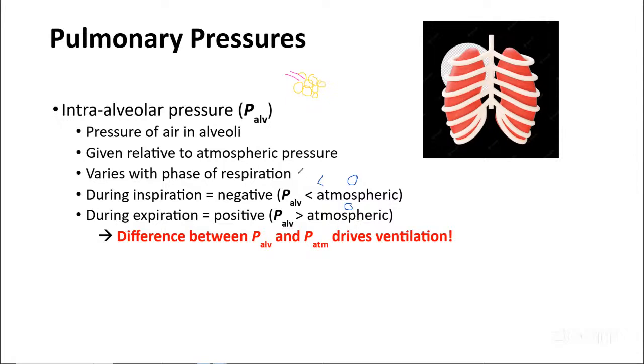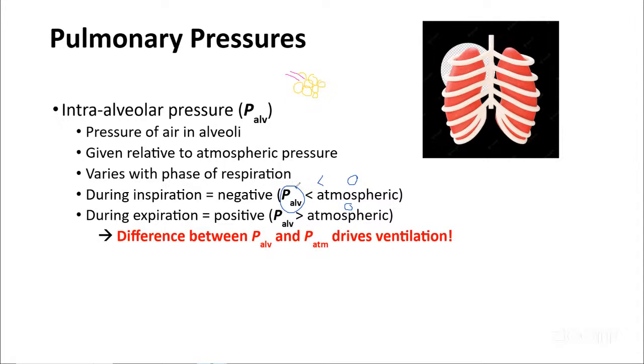So any negative number, anything less than 0 for our PALV, our alveolar pressure, means you're breathing in. Negatives are always less than 0. So that's our pressure gradient from 0 in the atmospheric pressure to our negative pressure inside the alveoli, drawing air in.